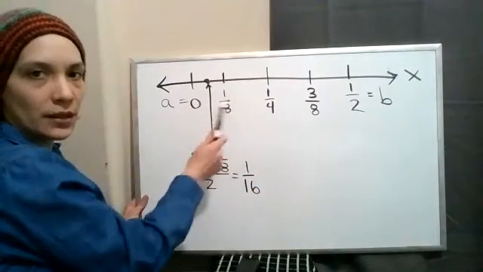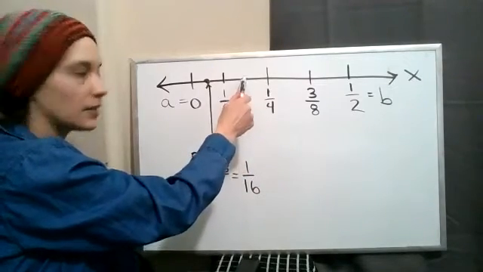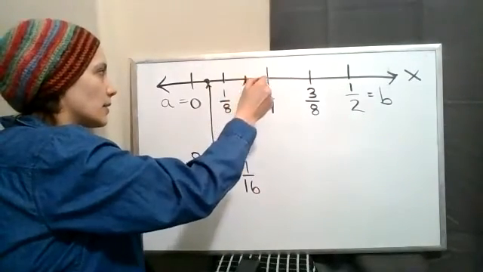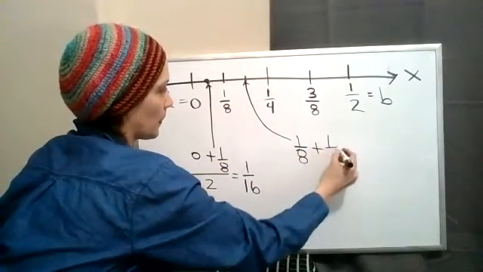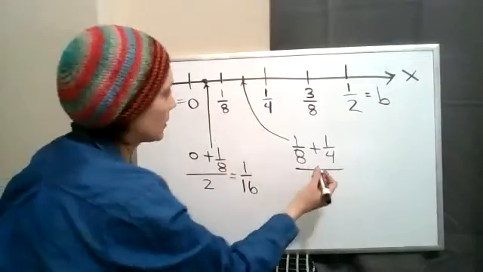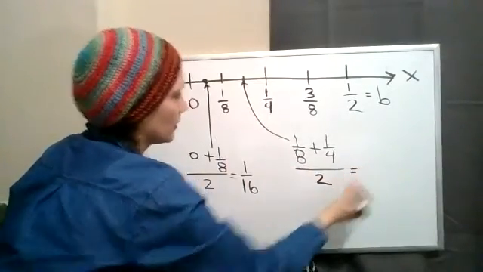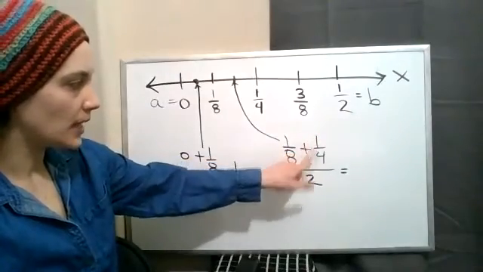For this midpoint, you take 1/8, add it to 1/4, and divide by 2. That gives the center, or like the average of the 2 numbers, which is right in the middle. Okay, so this would be 3/8.